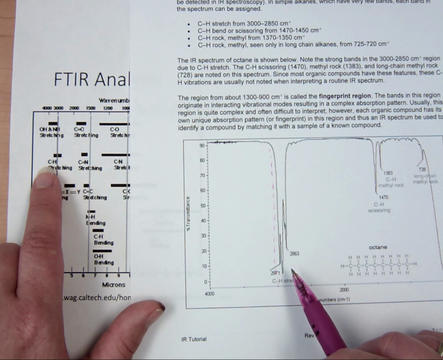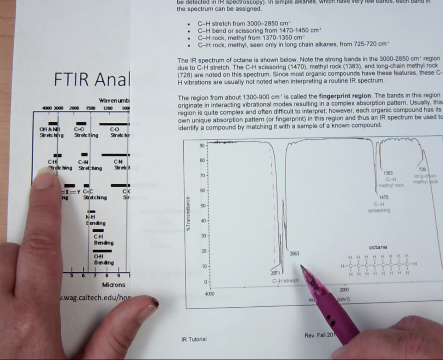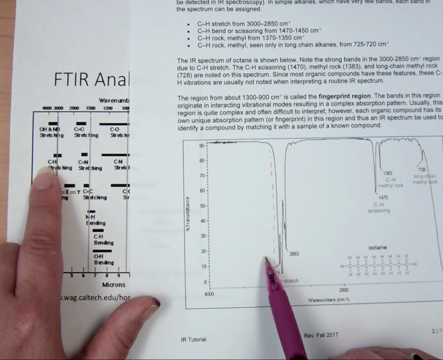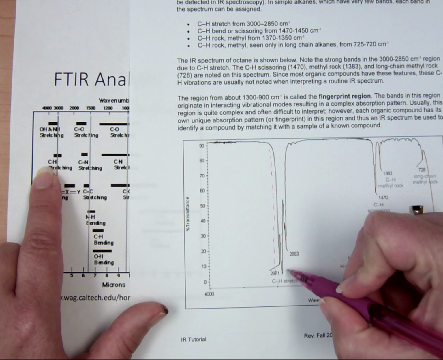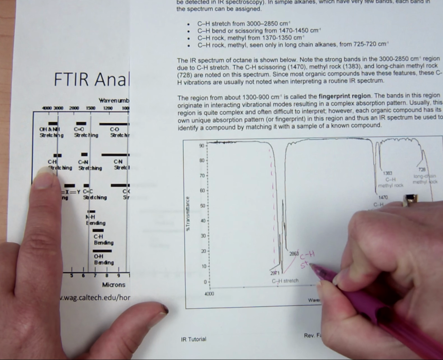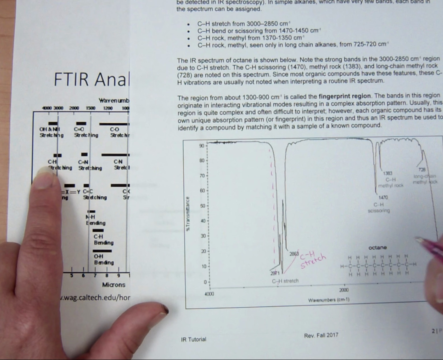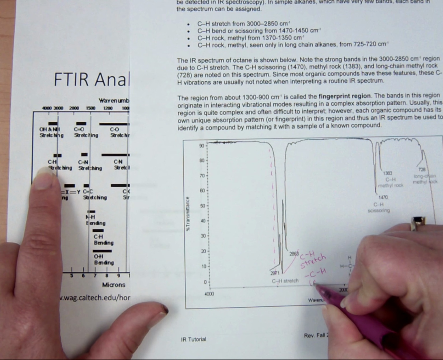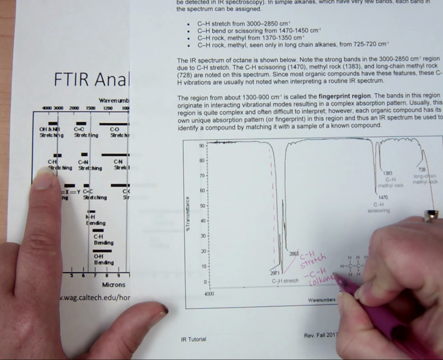Whereas if this carbon is part of a carbon-carbon double bond, it's going to fall just above the 3000 mark. So here I know that these are CH stretches, and this is specifically a single bond CH. So I know I have an alkane.